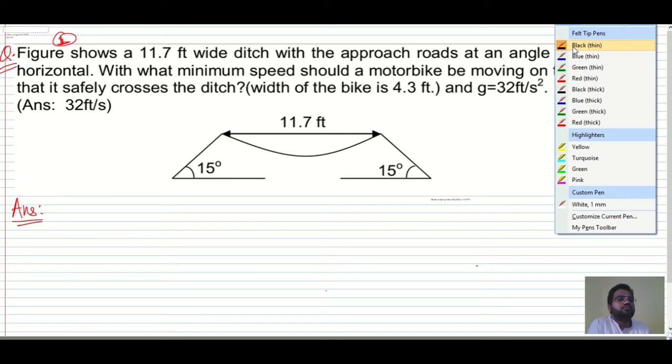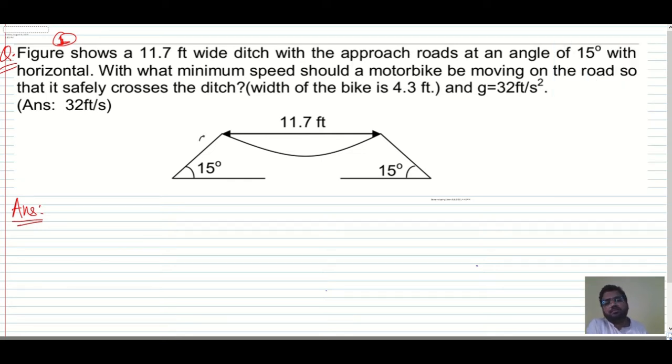Now we want the minimum possible speed for this motorbike so that it safely crosses the ditch. This is u we have, and with respect to horizontal, this is 15 degrees. So basically, we have to calculate the range, isn't it?